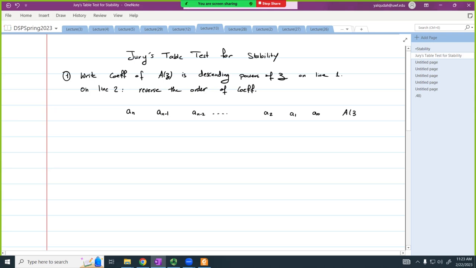This is A(z). And then we're going to have a_0, a_1, a_2, up to a_n. And this is A(1/z).